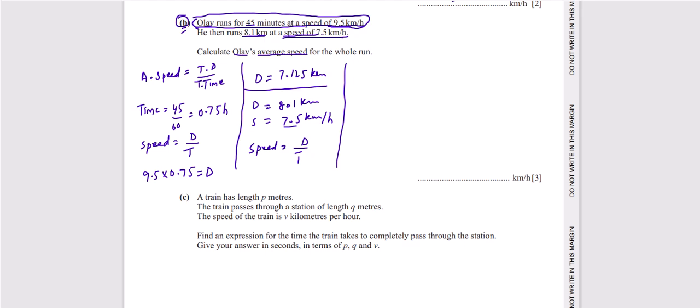The given speed is 7.5 is equal to distance 8.1 divided with t. We have to calculate t, so t shifts on this side and 7.5 shifts on this side. So t is equal to 8.1 divided with 7.5. So t is equal to 1.08.